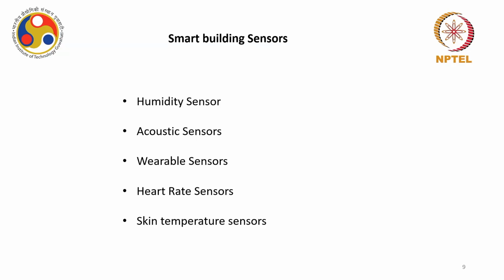Then there are modern sensors like wearable devices for physical and chemical parameter measurement of a human being, which are nowadays required for a smart building. Some smart buildings are integrated with smart heart monitoring systems, as well as skin temperature measurement devices. So these are certain modern sensors that are required in the smart building concept.